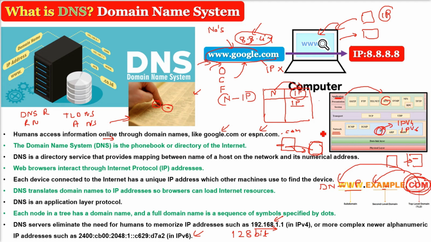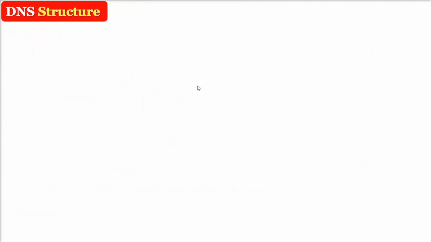That information is available in the TLD name server, and it is checked and verified by the authoritative name server. This is how the final conversion of the domain name to IP is done using these servers. So this is how the domain name system works, from name to IP address, to download the web content.